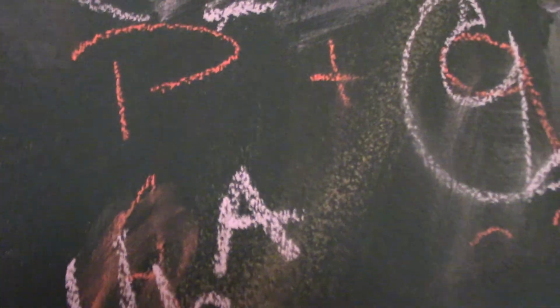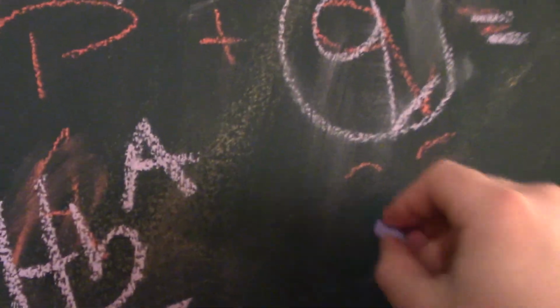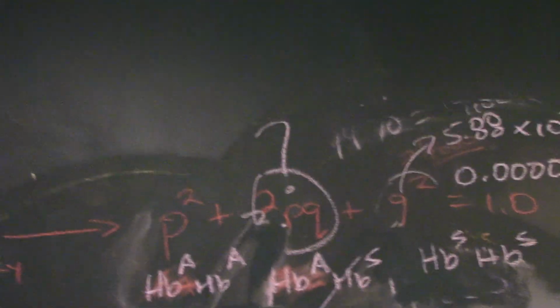So actually, this guy would be P squared, which is HBA in this case. 2PQ is HBS, and the recessive condition is HBS. So P is HBA, and Q is HBS.